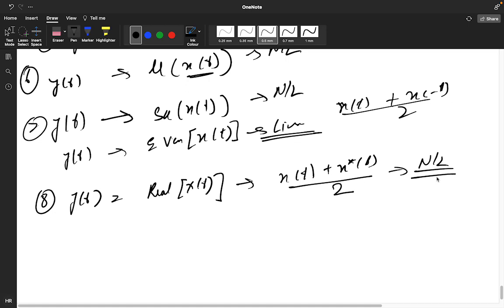I am giving you a particular example for this. Suppose you have x1 of t input as a plus jb. The system takes the real part of x of t, so the real part is a.